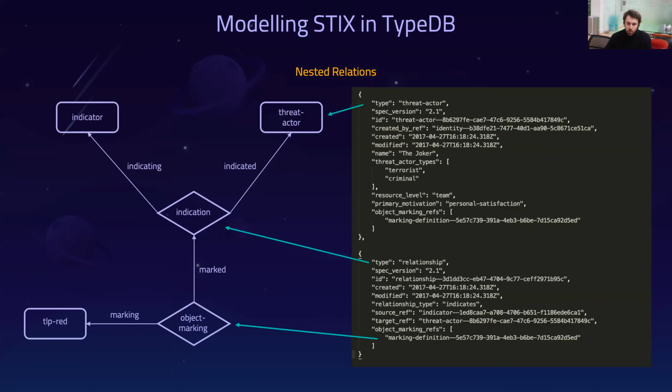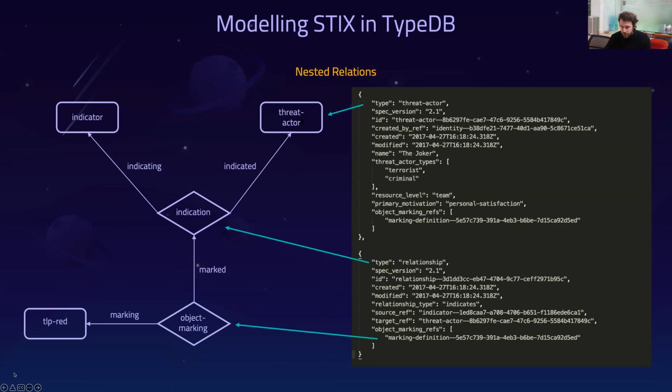And so that's why what we instead want to be doing is that for this indication relation, we say that the indication relation itself can be in another relation. So this marking definition right here refers to this TLP red entity. And we say that this TLP red plays the role of marking in an object marking relation where the indication relation plays the role of marked.